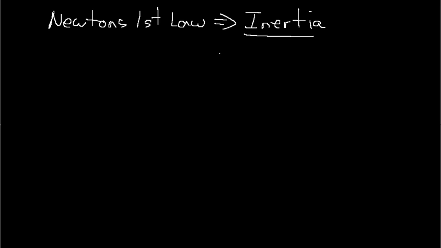So what does this mean? Well, let's just illustrate this with a little concept here. Let's say we've got a huge boulder sitting on the ground. Very massive boulder. It's large and it's massive, and it's just sitting there on the ground, not moving.